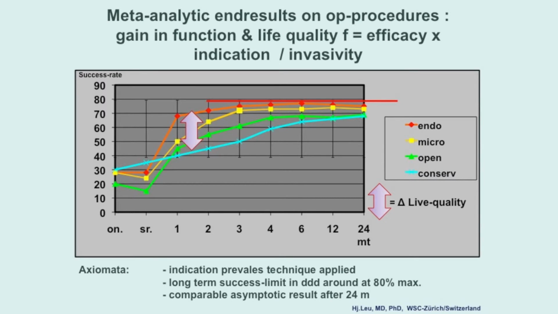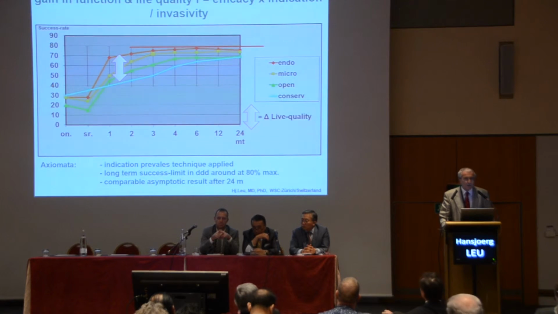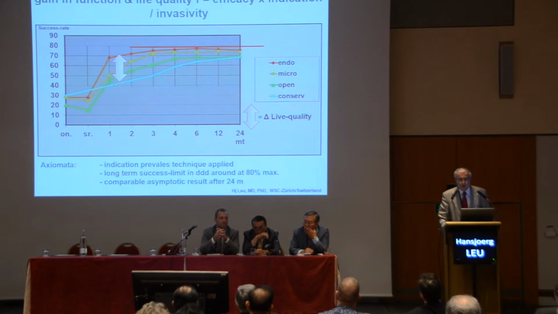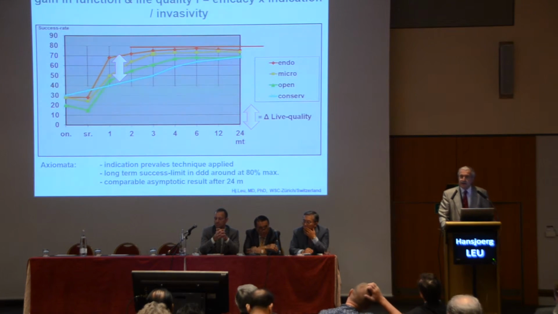On the results, we have already seen with Birkenmeyer's presentation that in the meta-analysis, the long-term results do not depend so much on what you are doing, because the long-term result depends more on the individual course of the natural disc degeneration. Whatever we do, with minimal, with maximal, with non-invasive, we will not influence the natural history of the disc degeneration.